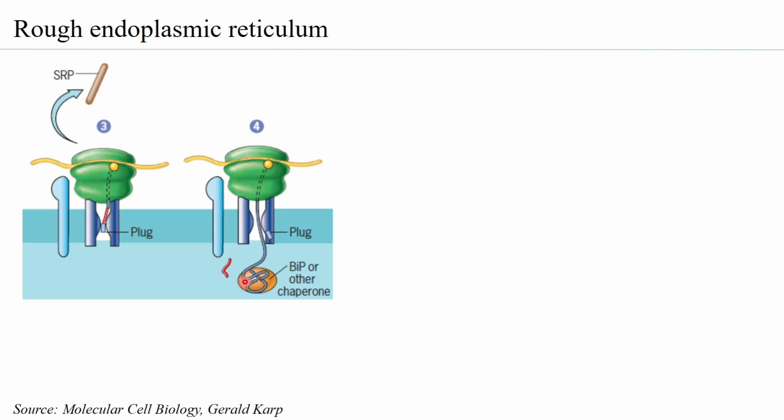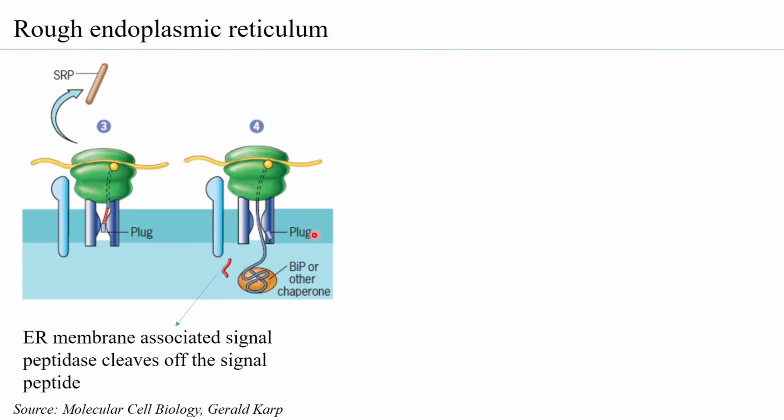Now, interestingly, what has been observed is that the endoplasmic reticulum membrane has an enzyme called signal peptidase. That signal peptidase will cleave off the signal peptide. The signal peptide will either remain bound to the membrane or be released into the lumen, and then it can get degraded because the job of the signal peptide is also done. What was the job of the signal peptide?